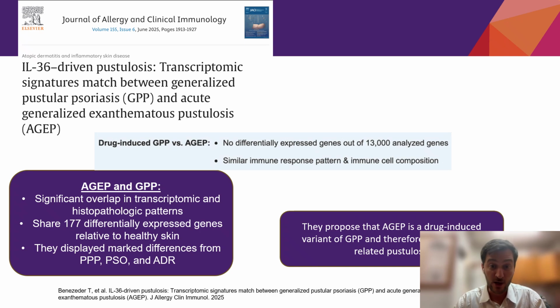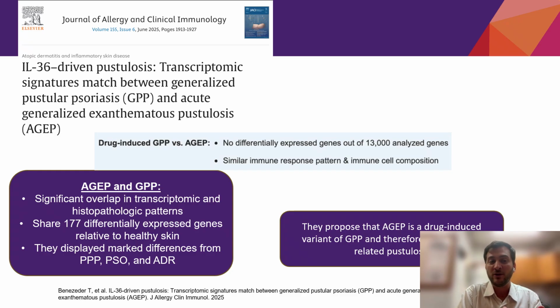What is new about that is that recently they analyzed the genetic profile of both diseases, and they share a significant overlap in transcriptomic and histopathologic patterns in both conditions.